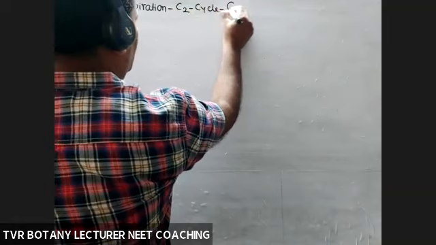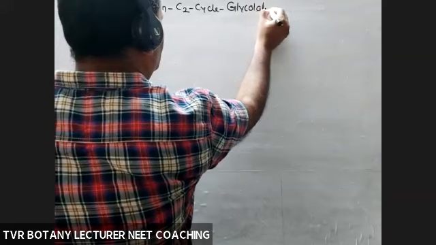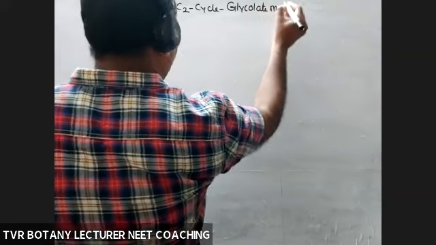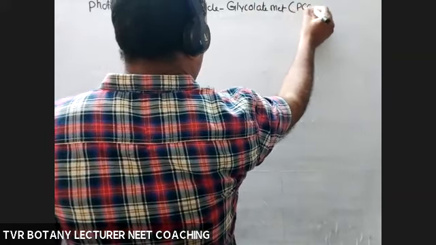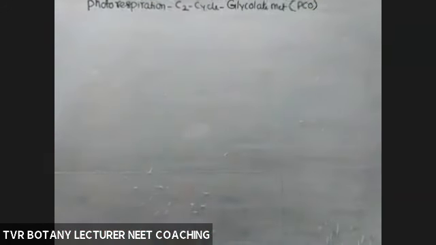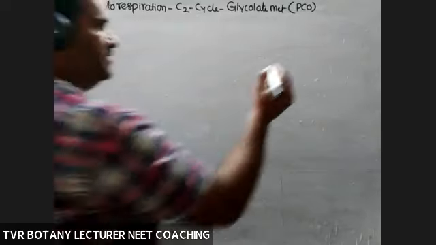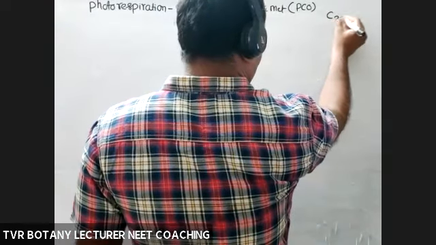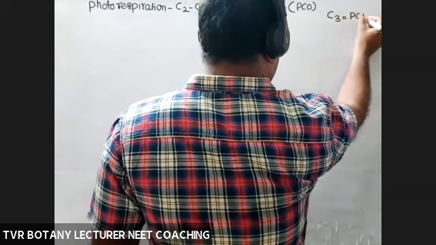also called glycolate metabolism. It is a PCO. PCO means photosynthetic carbon oxidation. The C3 cycle is PCR, photosynthetic carbon reduction.